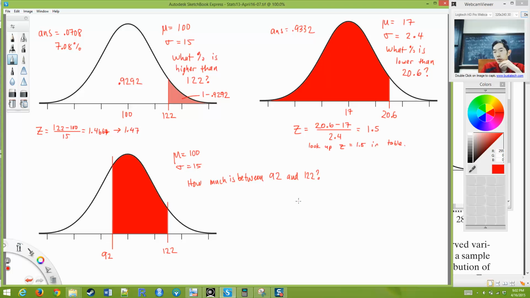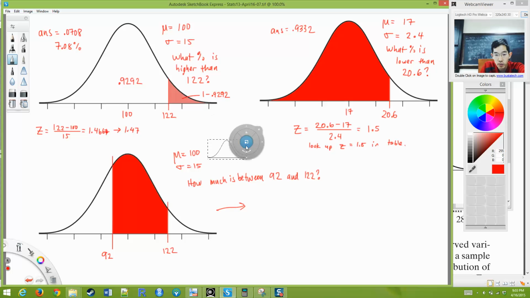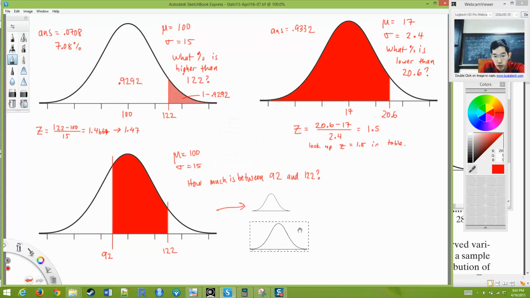Is that okay? To answer this, we're going to do this in two parts. First, I'm going to try to get the area to the left of 122.